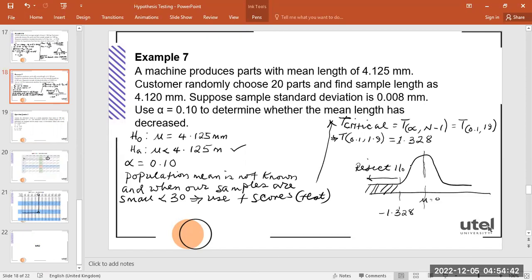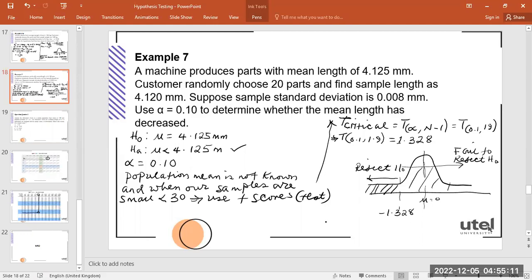But for values to the right of this guy, we actually fail to reject.